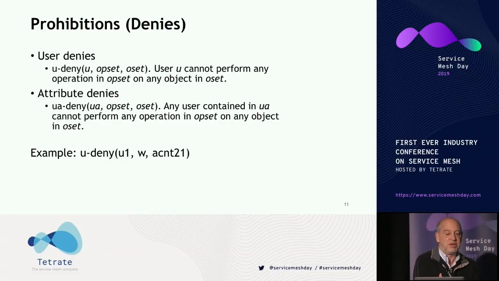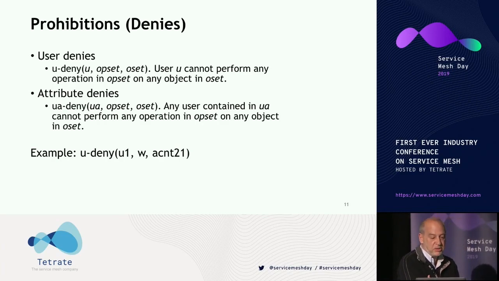Finally, there's prohibitions, and there's two types that are particularly relevant. User denies, so it's basically a user is denied the ability to perform certain operations on objects that are in an object set, and we can specify that as a user deny, or it can be based on an attribute.